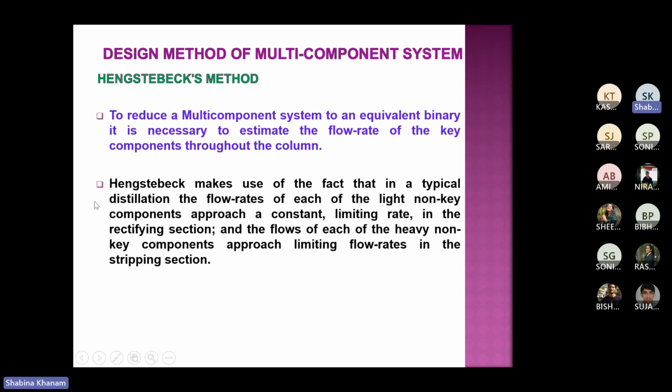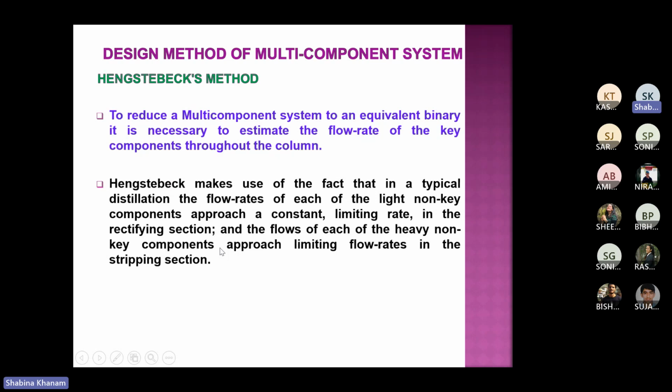Similarly, in the rectifying section, this is the limiting rate of constant flow of light non-keys. The flow of each heavy non-key component approaches a limiting flow rate in the stripping section.